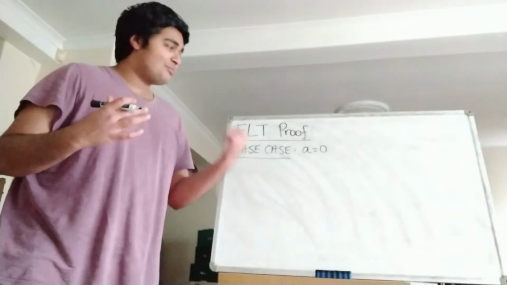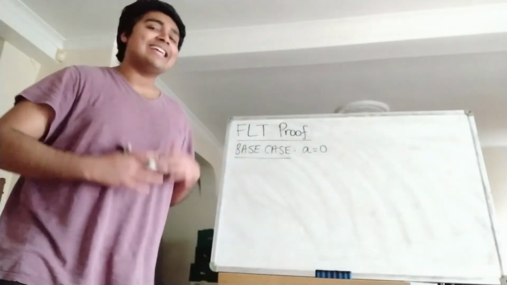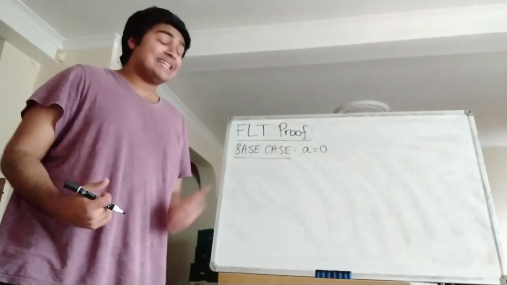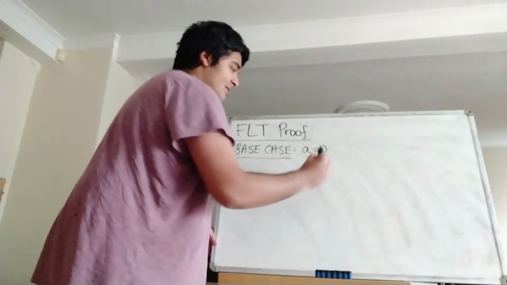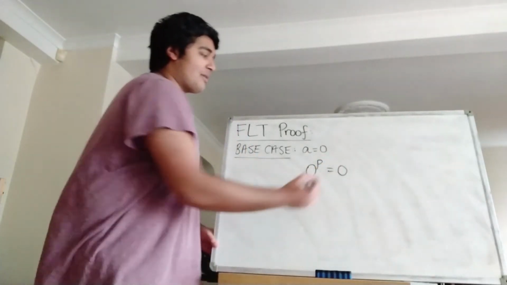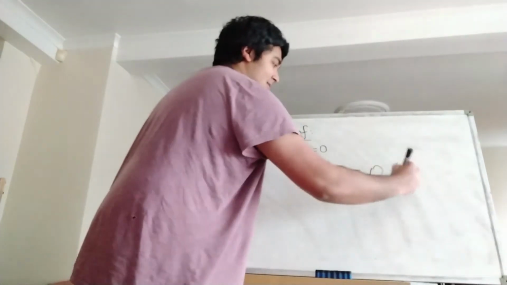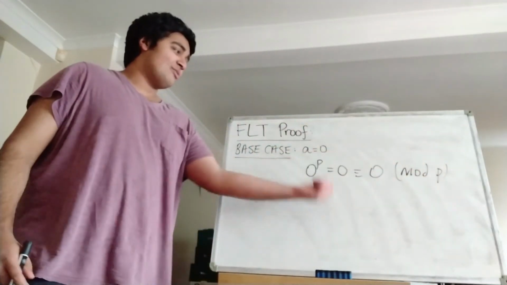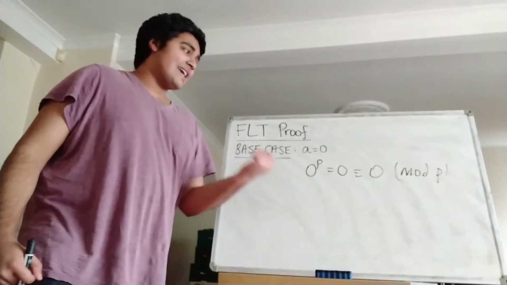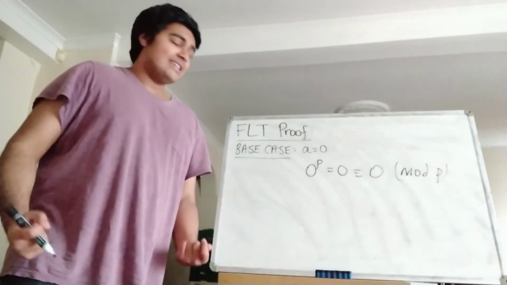Okay, so now we're going to prove Fermat's little theorem, and the way we're going to do that is by induction. So let's look at the base case when a equals 0. Then we have that 0 to the p is just 0, and of course 0 is congruent to 0 mod p. And that's the base case done. It's quite straightforward. We have that a to the p is congruent to a mod p in the case a equals 0.